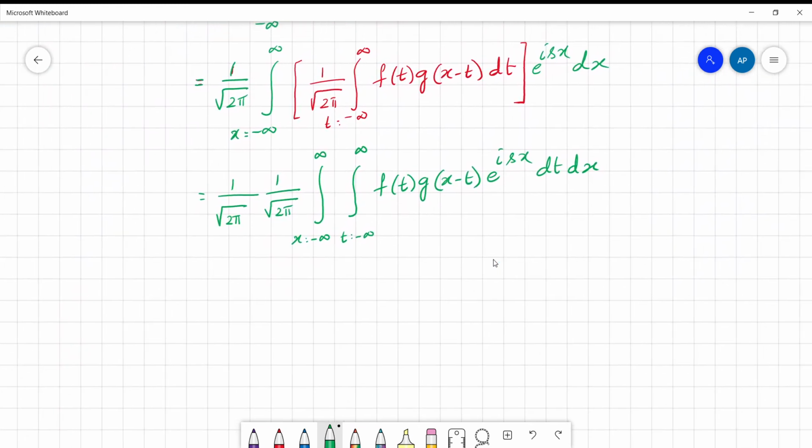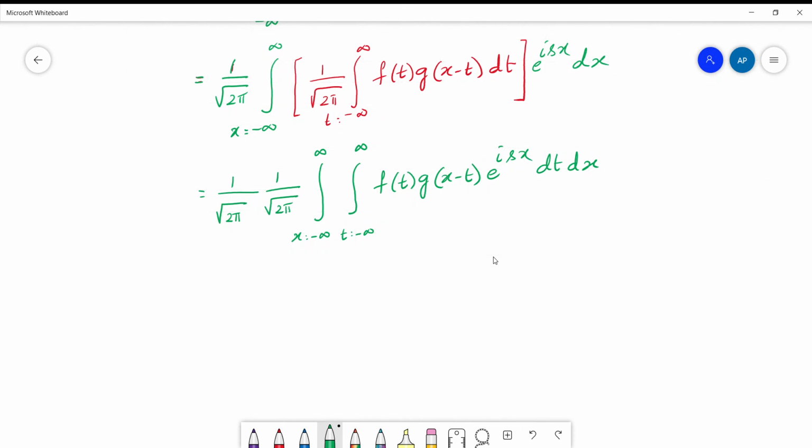Now according to my present stage, the inner integral is for t and the outer integral is for x. But if you notice that all the four limits are constants, even if we try to change the order of integration, that is, outside you write it for t and inside it is for x, the limits will remain the same because all the four limits are constant.